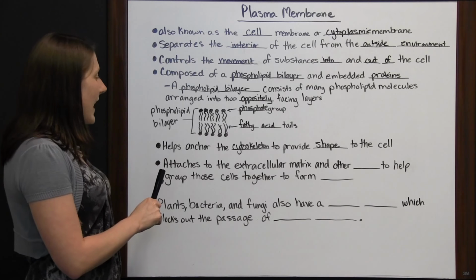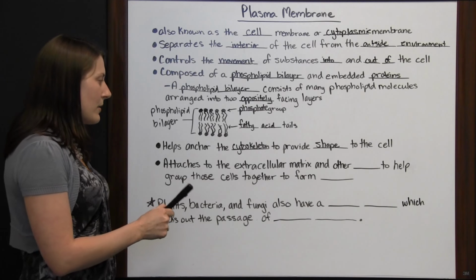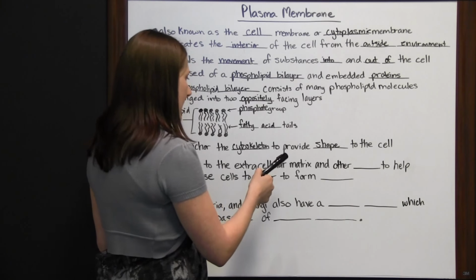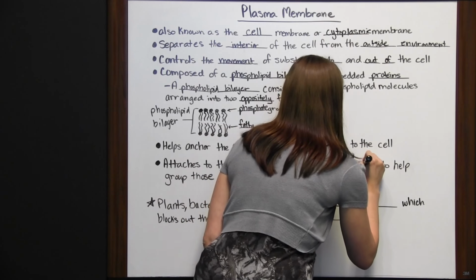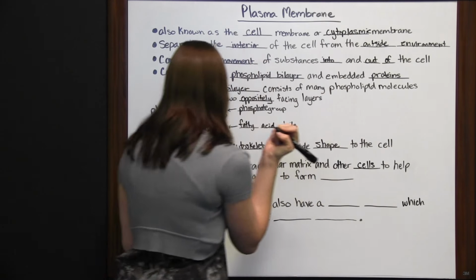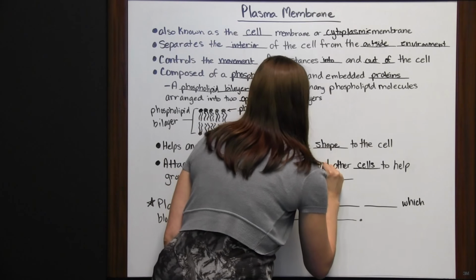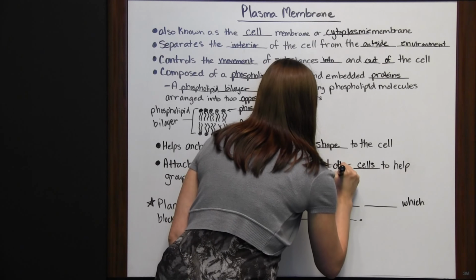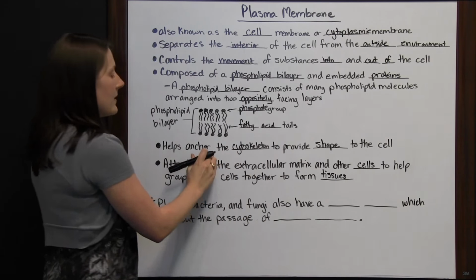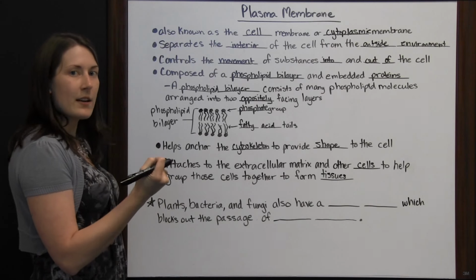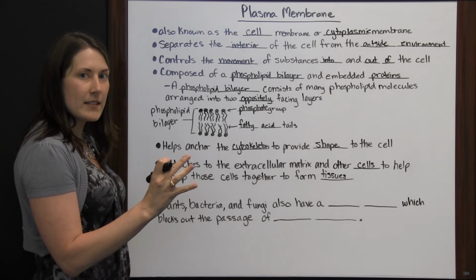The plasma membrane attaches to extracellular matrix and other cells to help group those cells together to form tissues. So, on the inside, the plasma membrane is holding onto the cytoskeleton and helping give the cell shape.